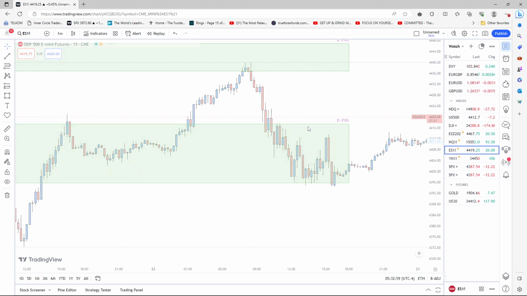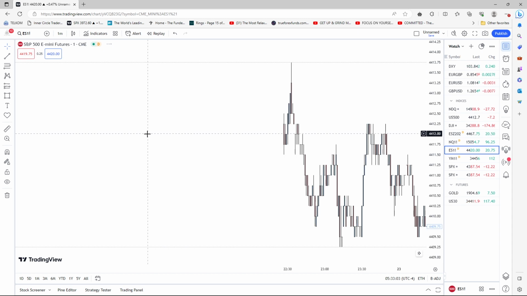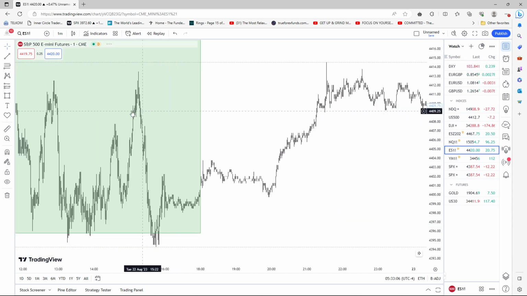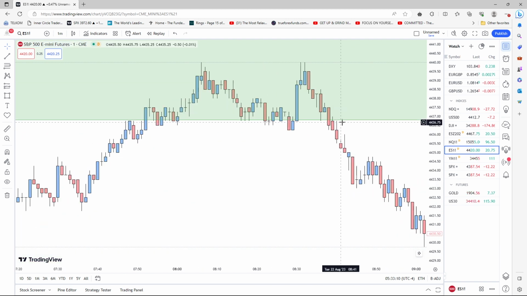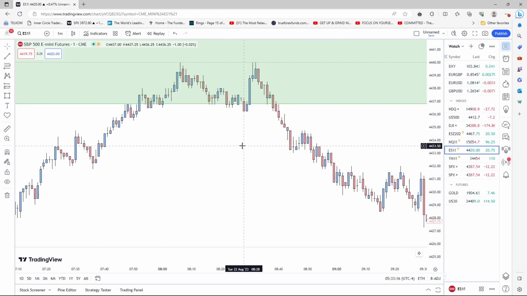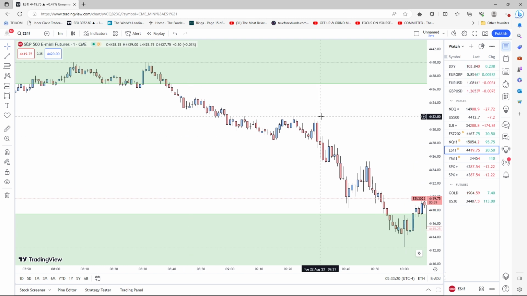So let's work down in our time frames. So we're looking at 8:30. That would be early session. Market opens around 9:30.